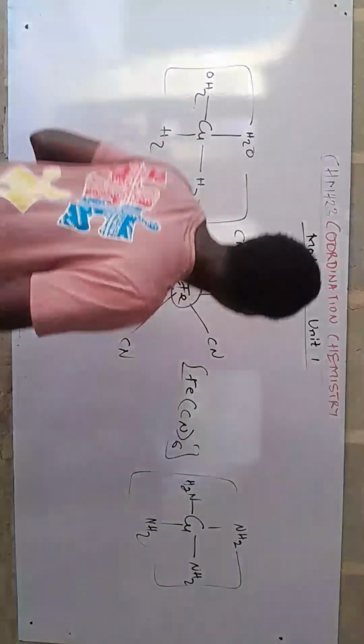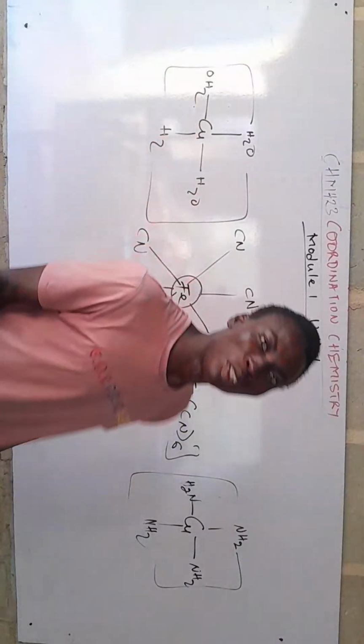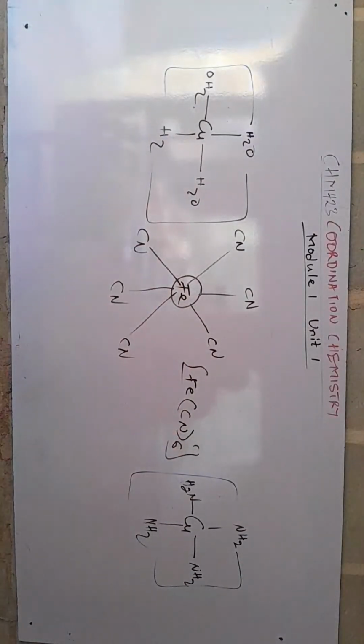So let us now dive into the concept of coordination chemistry. Coordination chemistry is the foundation of modern inorganic and bioinorganic chemistry, which has contributed deeply to the development of the chemical industry and medicine.